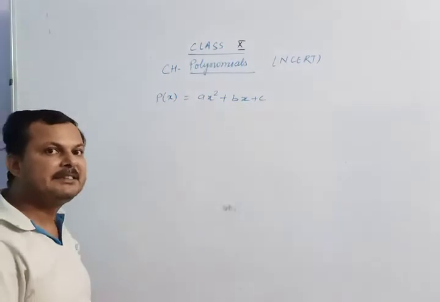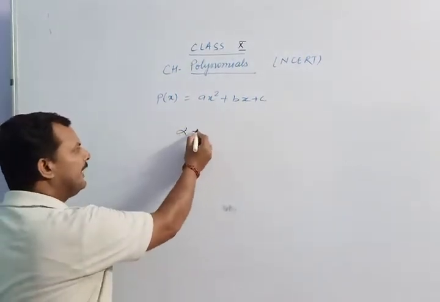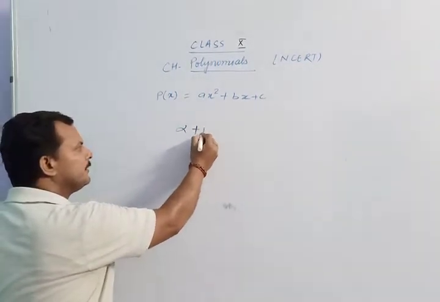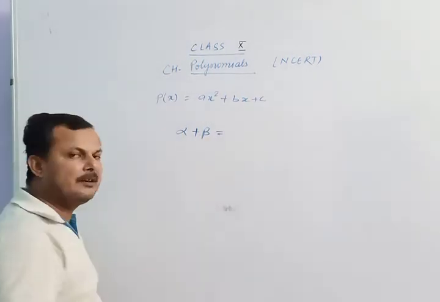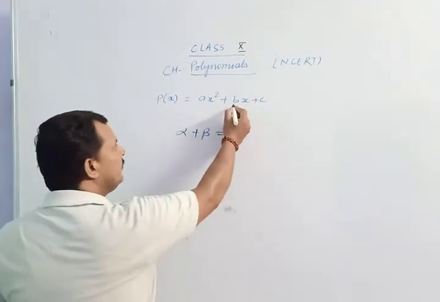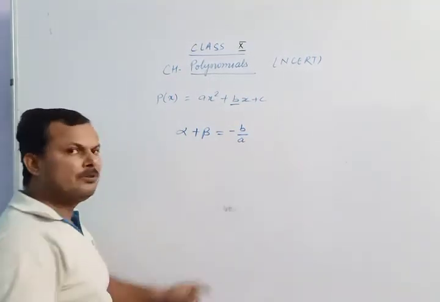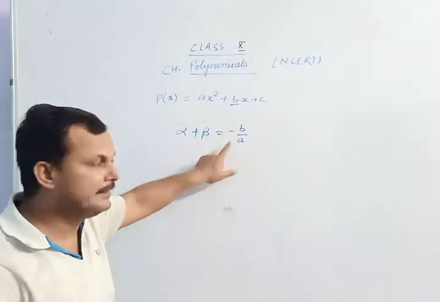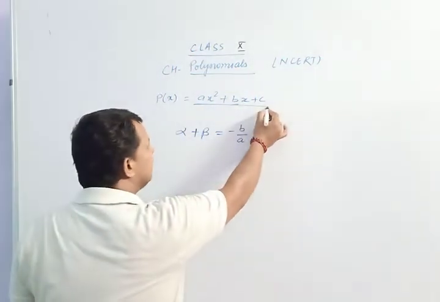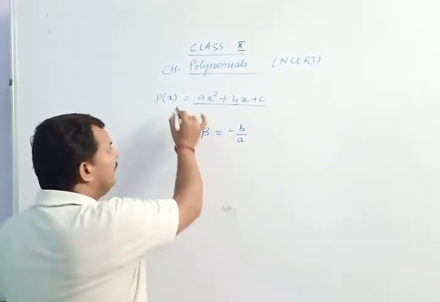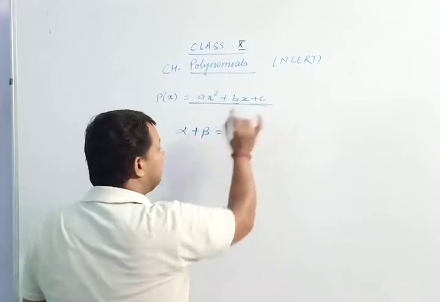If alpha and beta are two zeros, then the sum of zeros, alpha plus beta, is equal to minus b upon a. To remember the sign, you have to learn the general form of a quadratic polynomial.